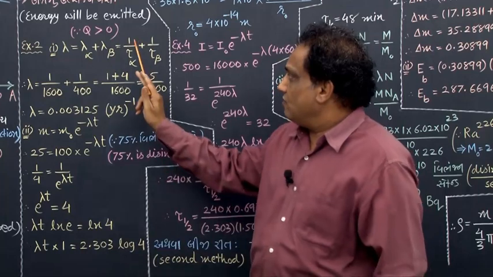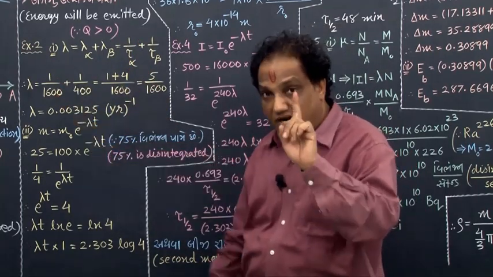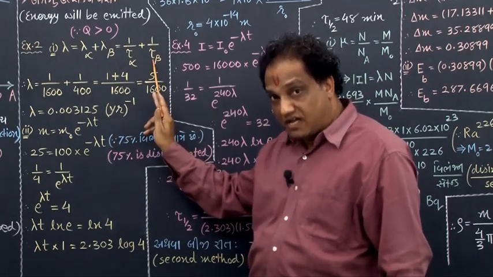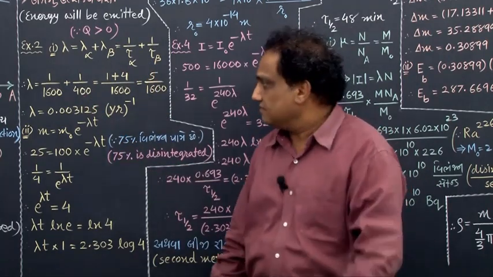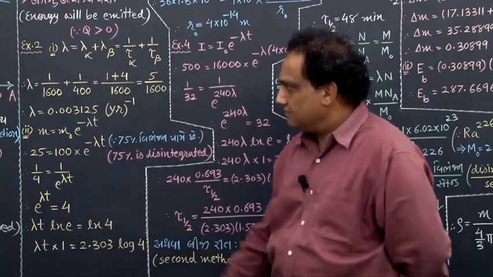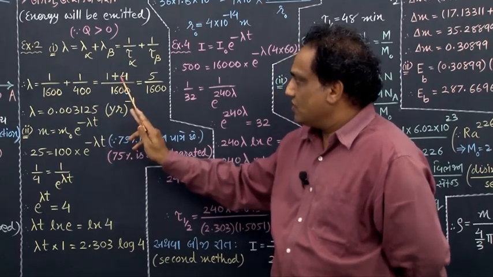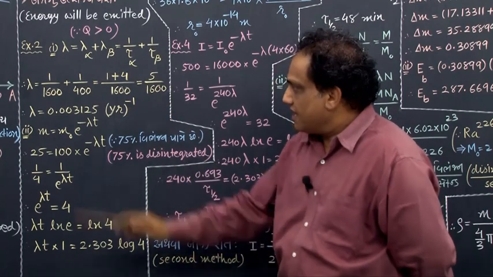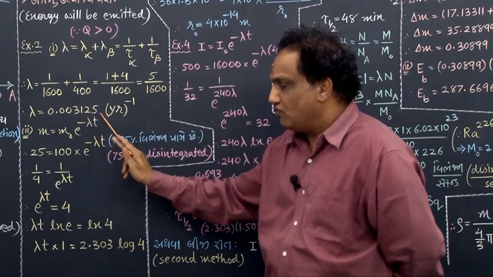And this is the average life during the emission of only beta particles. Correct? Now, this tau alpha they have given as 1600 year, and this tau beta they have given as 400 year, correct? Fine. Now tell me, 1600 and 400, so the LCM will be 1600. Here it is 1 only, and 1600 upon 400 is 4, so you multiply by 4 here. 4 plus 1, that is 5 upon 1600, and 5 upon 1600 comes out to be 0.003125.